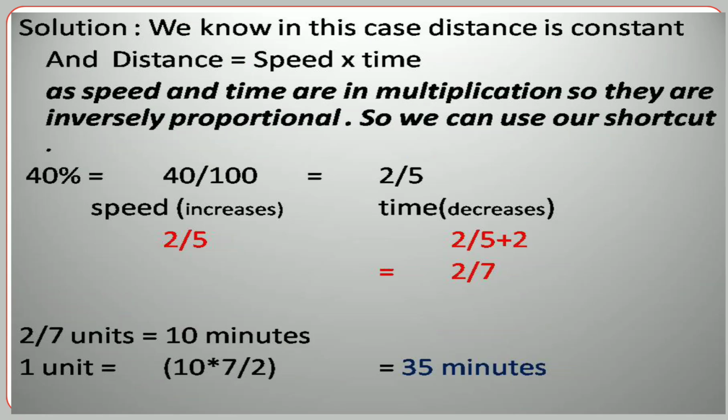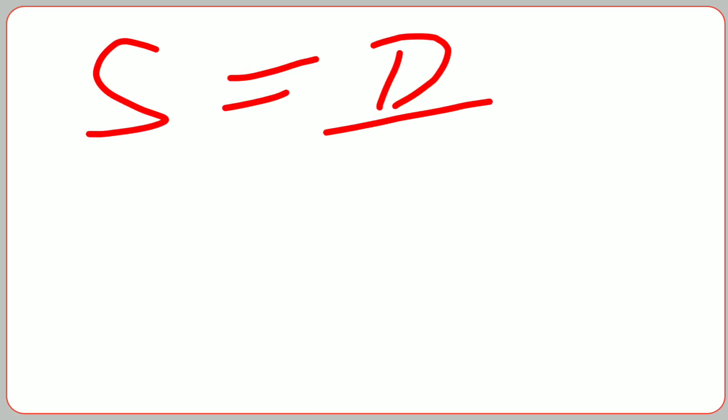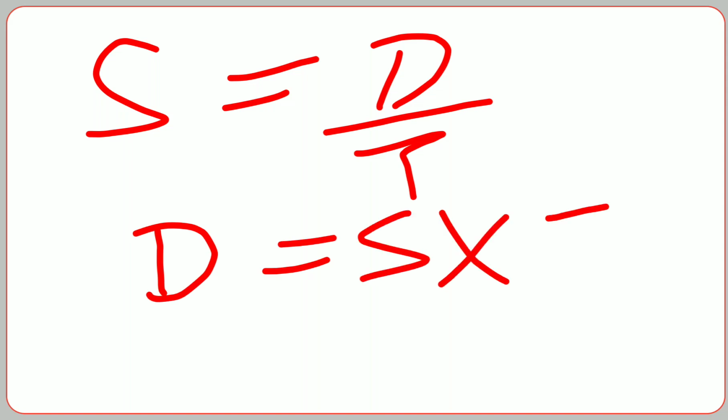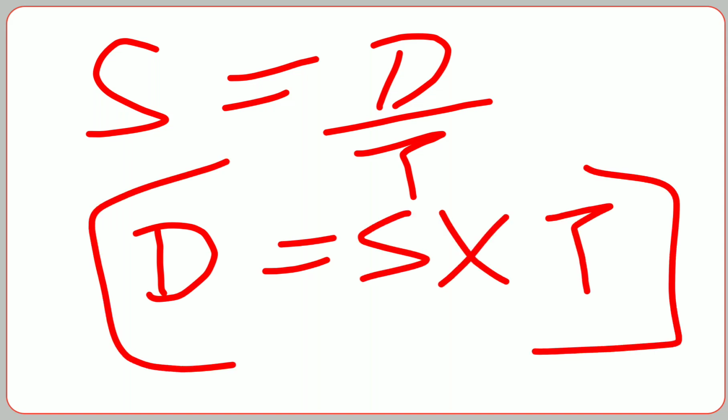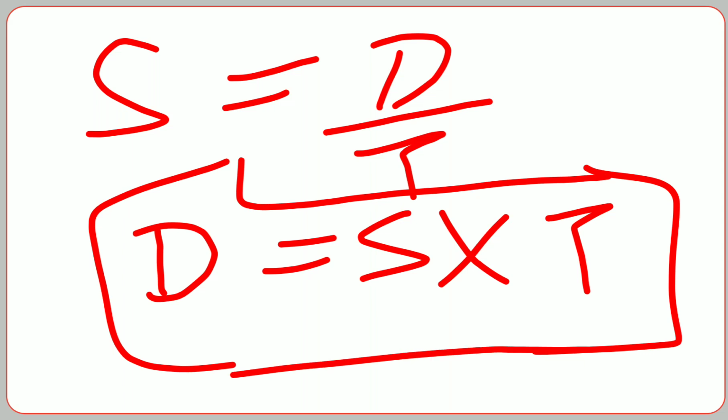So here, first of all, understand this thing. Speed is equal to distance upon time, and distance is equal to speed into time. So I was telling which quantities are inversely proportional.